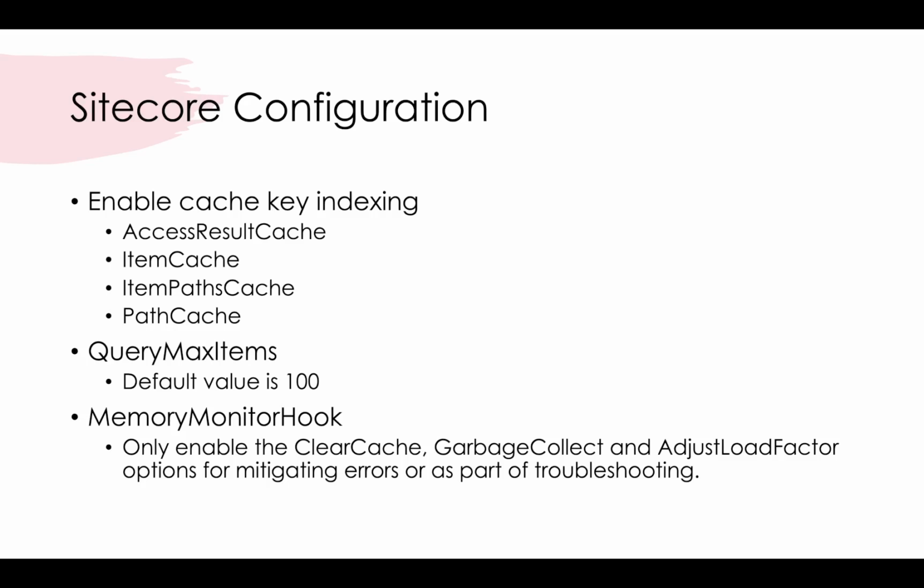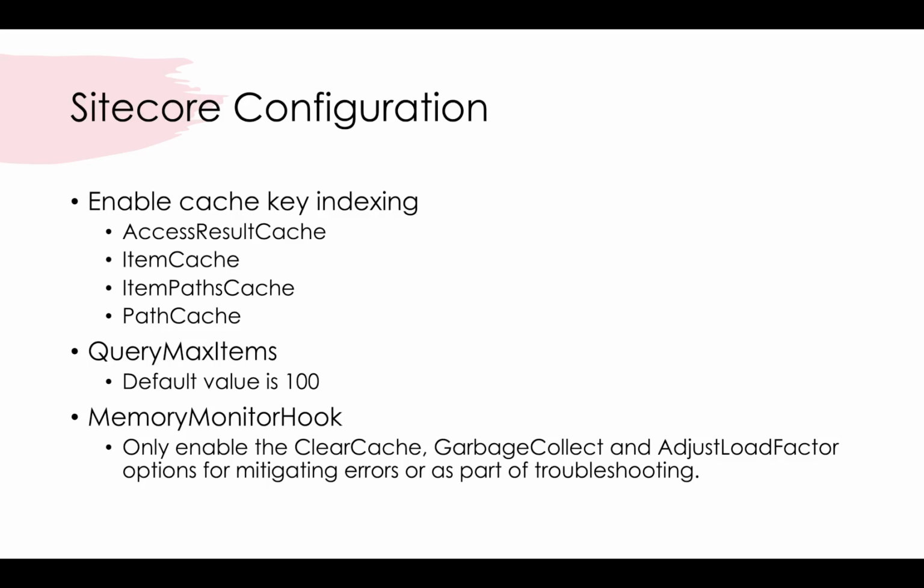The default Sitecore instance configuration is typically configured correctly. There's just a couple of things that you should check or consider. One of them is enable cache key indexing for access result cache, item paths cache, and path cache. You can read more about the cache key indexing, but that's just one of the areas you can configure to hopefully increase the performance of the site.